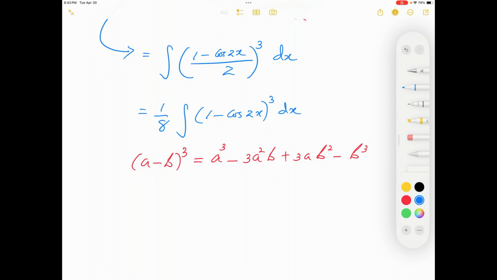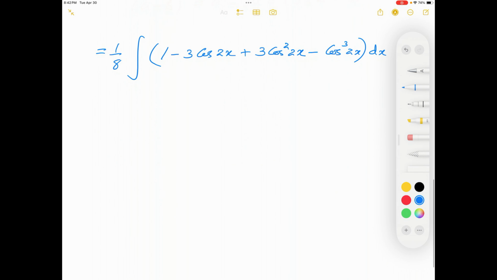Then this integral becomes 1/8 integration, I will open parenthesis, 1 raised to the 3rd power, which is equal to 1, minus 3 times 1 raised to the 2nd power times cosine 2x plus 3 times 1 times cosine 2x raised to the 2nd power, which is cosine squared 2x, minus cosine 2x raised to the 3rd power, which is cosine cubed 2x. I will close the parenthesis and dx.